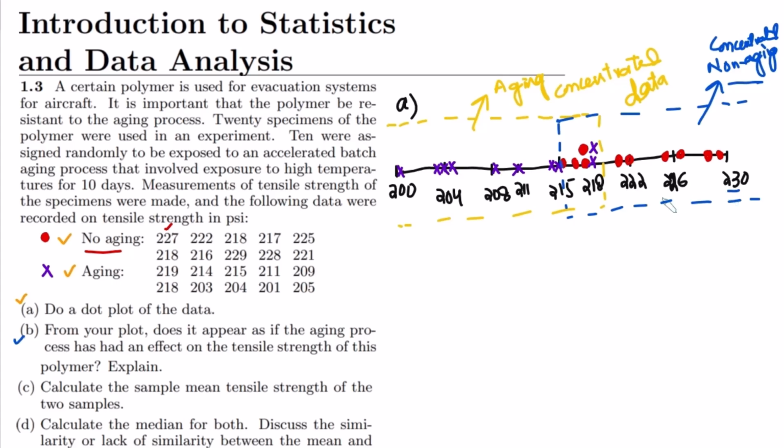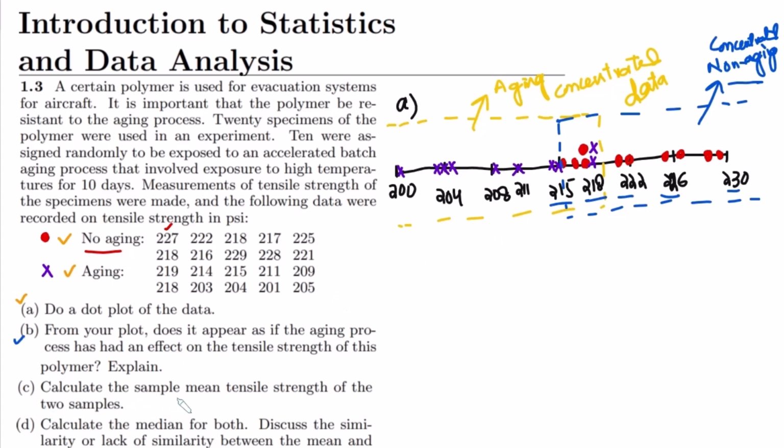This is the tensile strength in PSI. So this plot has shown us that the aging process had an effect on the tensile strength, because the greater the age, the lower the tensile strength of the polymer.